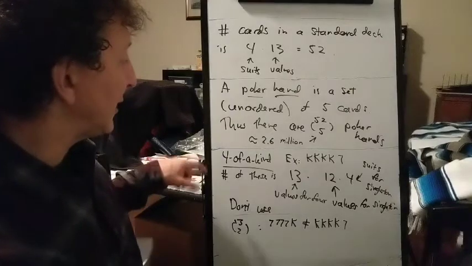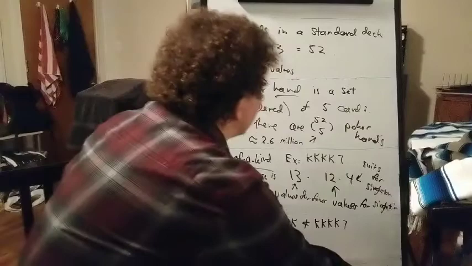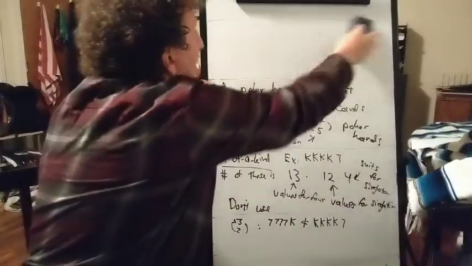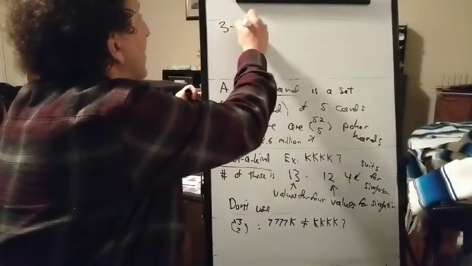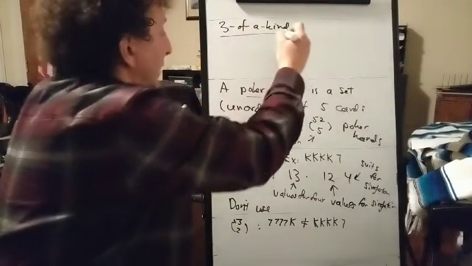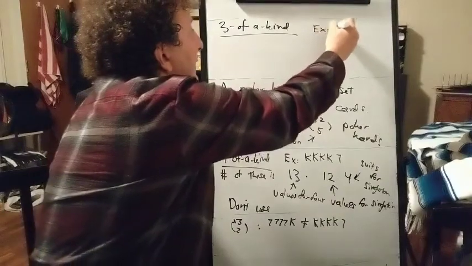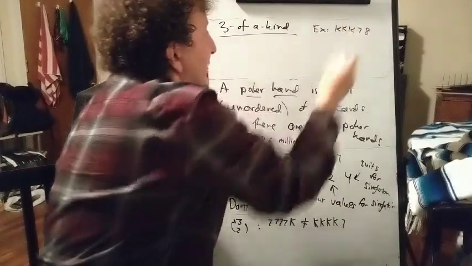Now we could possibly have 3 of a kind in a poker hand and 2 other cards. So that'd be something like king, king, king, 7, 8.